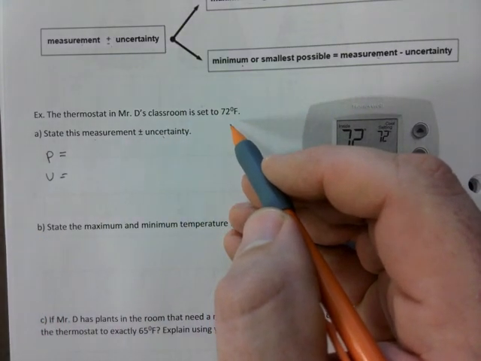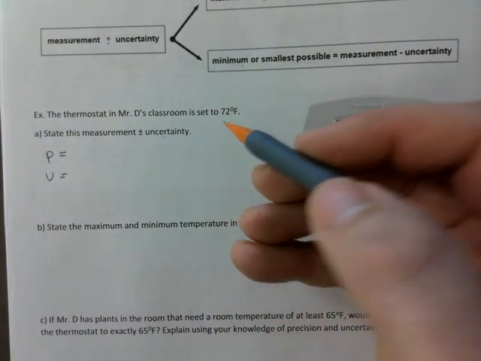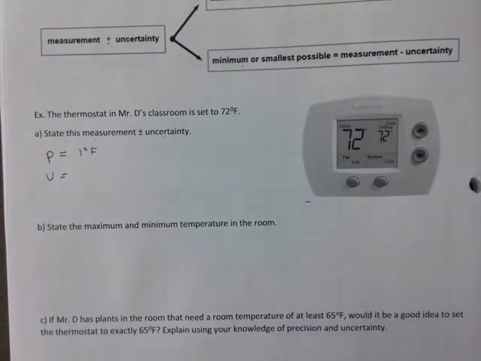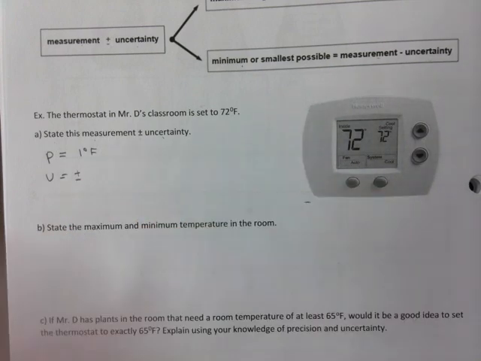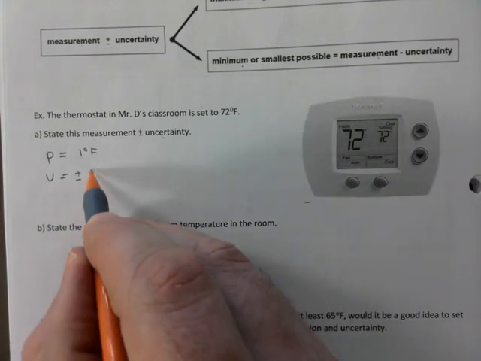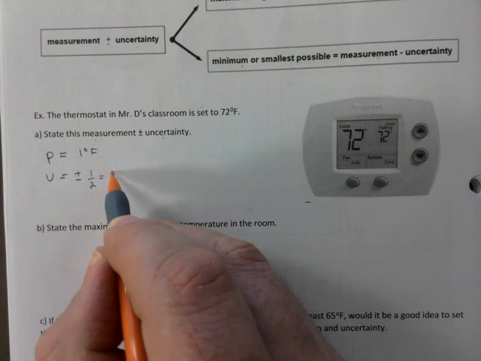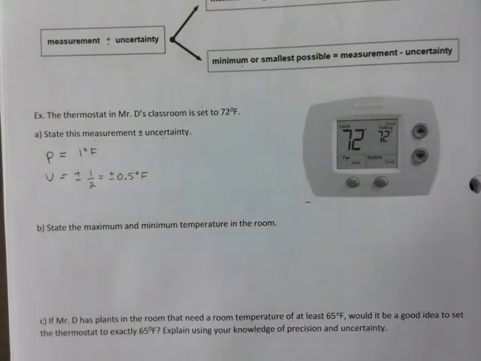All in unison, 1 Fahrenheit. That's it. There you go. And then the uncertainty is when we start doing the plus or minus thing. However, we will not dock if you don't do it here, okay? So you go 1 divided by 2, which is plus or minus 0.5 degrees Fahrenheit.